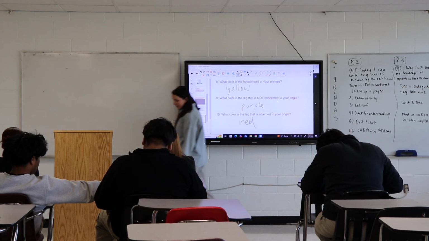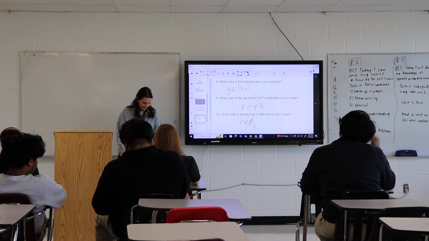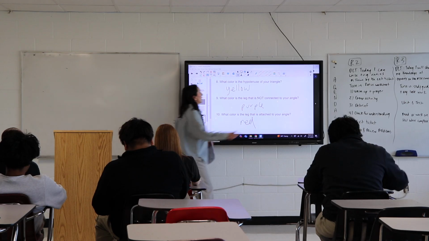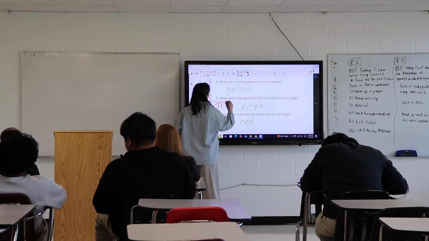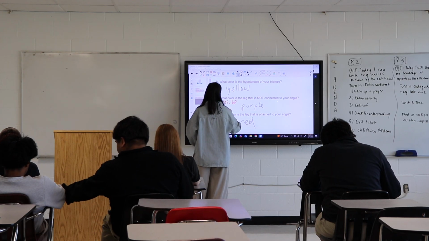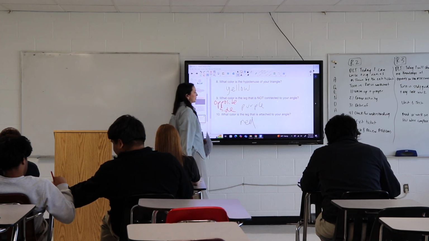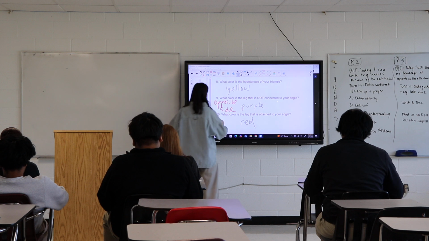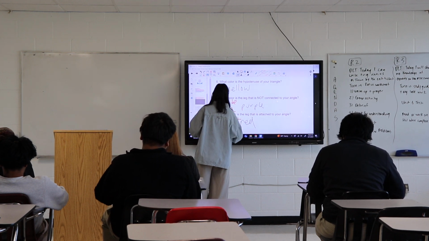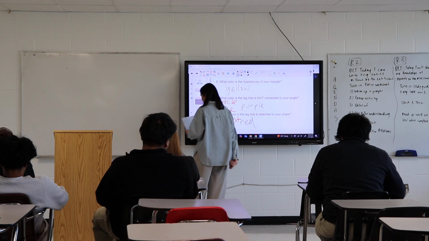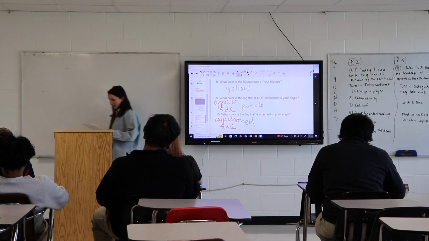So, respective to the angle, the yellow is your opposite side. And respective to your angle, the red is the adjacent side. Anything in red we are adding on.